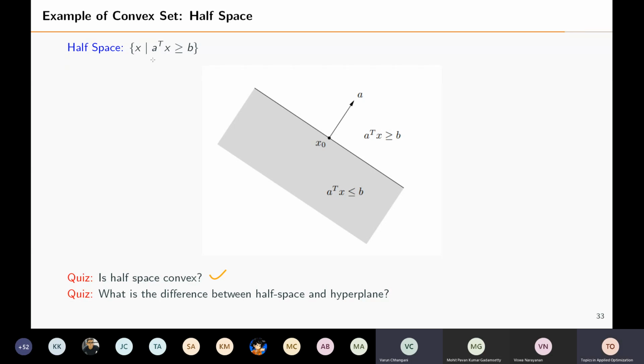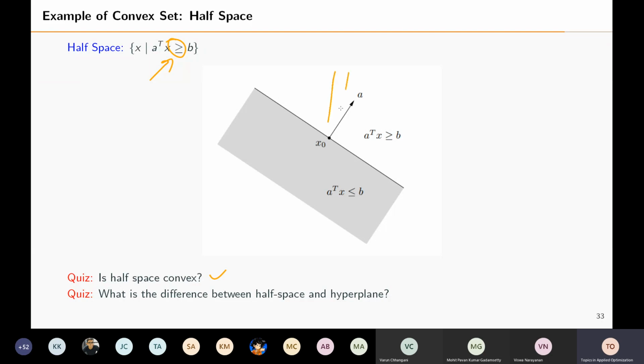The fact that it's dividing it in half comes from this only, because I have only two relationships, either greater than or equal to B or less than or equal to B. We are saying that A transpose x is itself in an affine space.